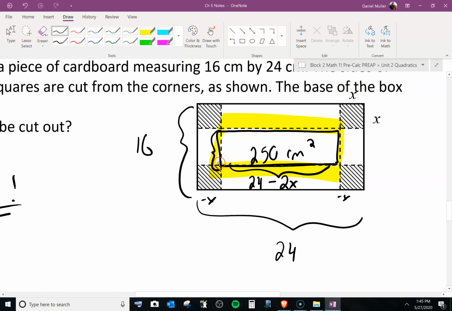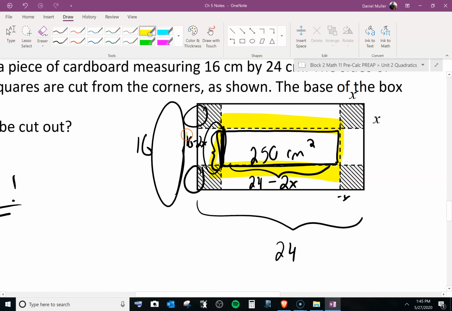Now this distance, it says 16, that's this whole thing, but we're only looking for this part. So you subtract an x, that's how big that distance is, and this is also an x. So this distance is 16 minus x minus x. That would give you just the middle part, 16 minus 2x.